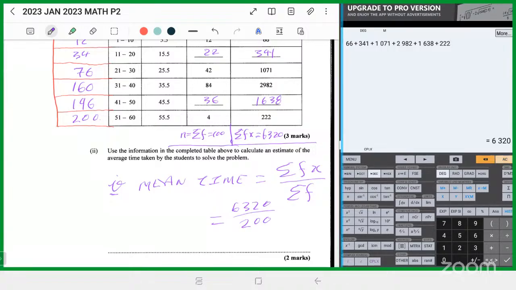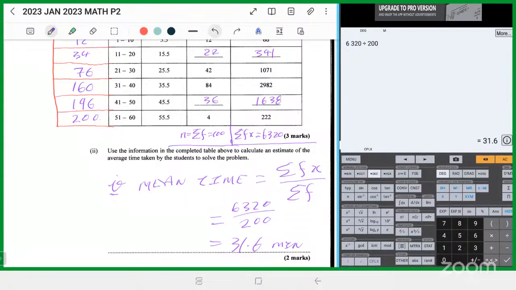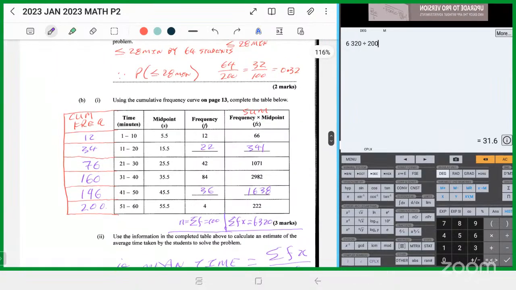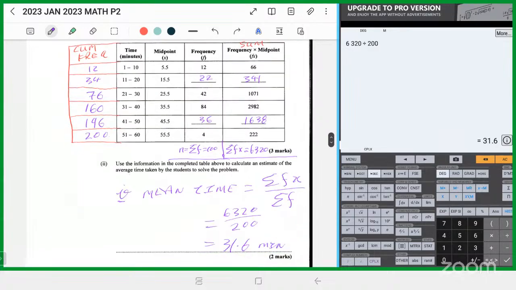So it's 6320 divided by 200. And that's 31.6 minutes. I have to say minutes, the data is in minutes. That's the average time taken.